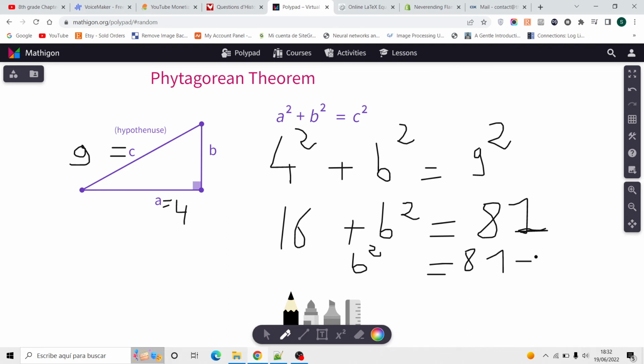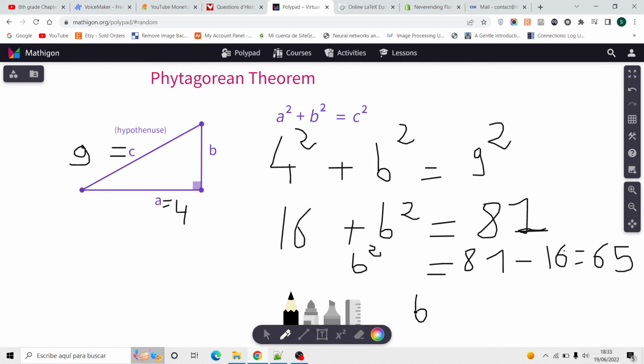minus 16. Okay. Which is 65. So we have b squared equals 65. Okay.